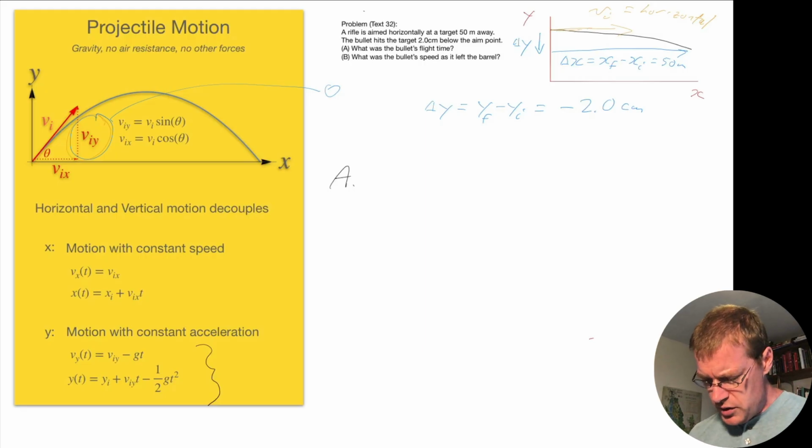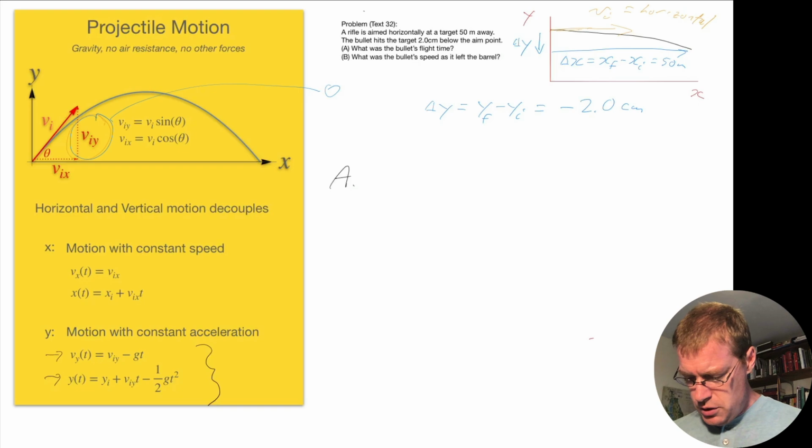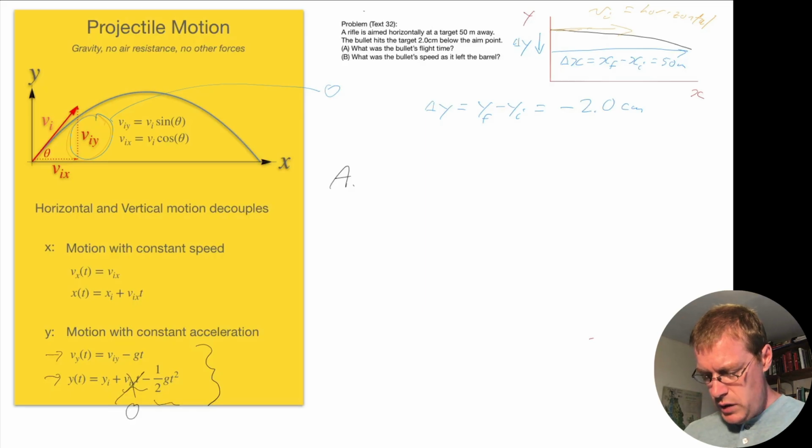This first equation relates the velocities at different times. Well, we don't know any of that, so that can't be useful for this. This one relates the y position to the initial y velocity, which is 0, and the acceleration. Well, hey, I think we know all of those things.